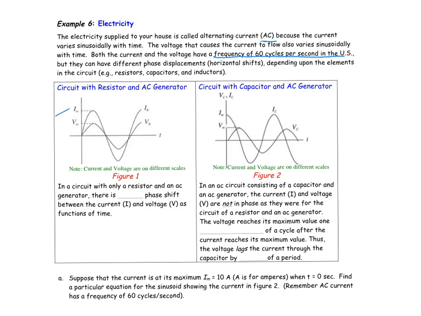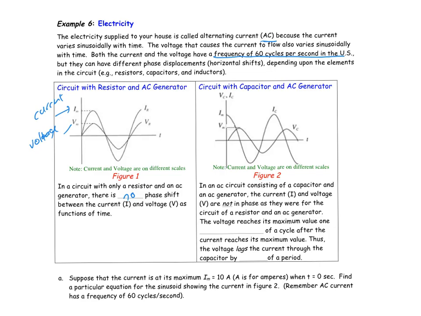I is the symbol that's used for current, and V is the symbol that we're going to use for voltage. So in a circuit with only a resistor and an AC generator, there is no phase shift because the current I and the voltage V, as functions of time, coincide.